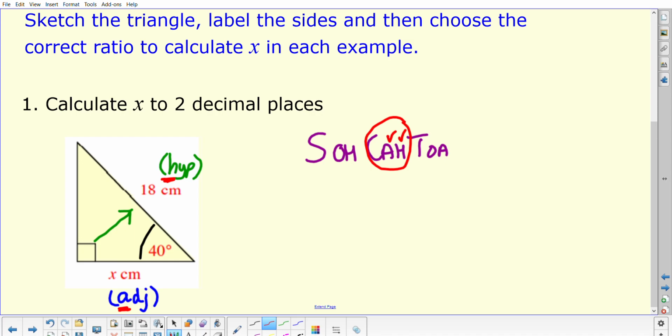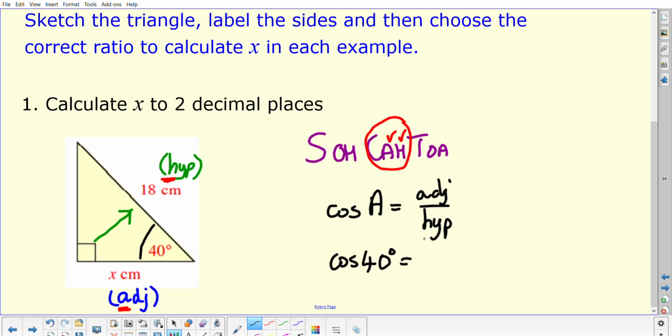So it would be the cos. So I begin this question by saying I'm using the cos. So the cos of the angle is equal to the adjacent over hypotenuse, and that means I can now fill in my angle. Cos of 40 is equal to my adjacent side, which is my X, over my hypotenuse, which is 18.